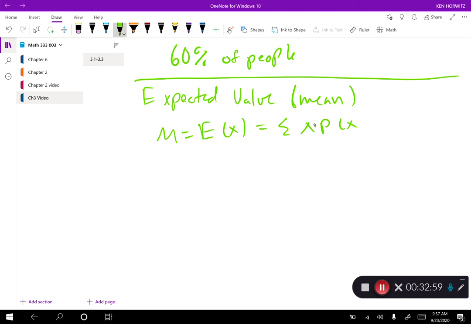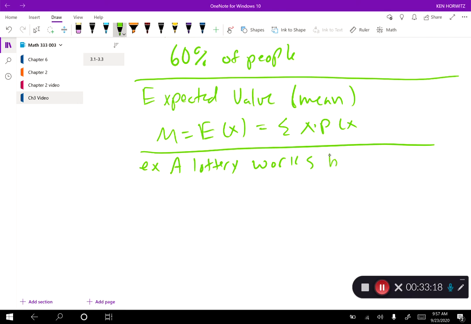So a lottery works by picking six numbers from 1 to 49.